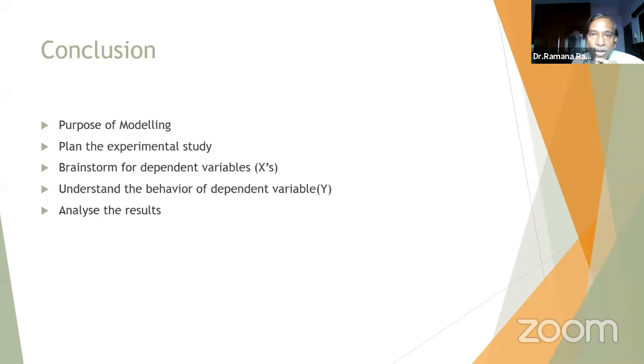So what are the optimal values of x's, so that y is optimally performed. I gave you the example of fuel consumption of a car. The fuel consumption of the car is maximum at a given condition. He came to know because of this experiment.